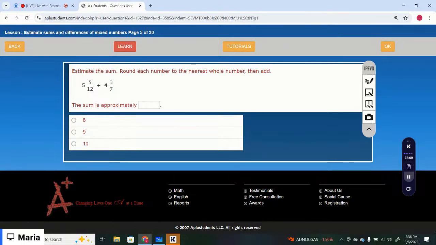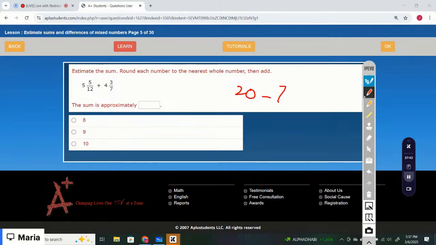5 whole 5 over 12 plus 4 whole 3 over 7. 5 whole 5 over 12 is rounded off to 5. Basically, when you're rounding off mixed numbers, you have to look at the fractional part.